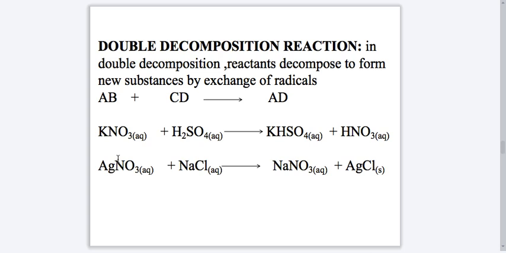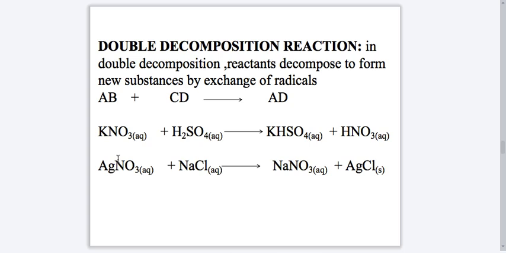The element potassium K is the one that comes to where you have H2SO4, while hydrogen comes to join NO3 minus. Again, in the first reactant, NO3 combines with K, and SO4 combines with hydrogen. So there's going to be an exchange of the radicals.